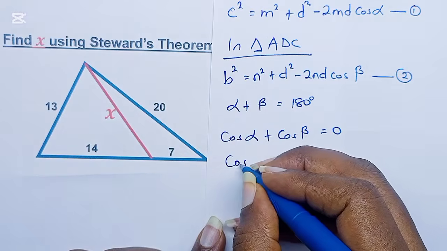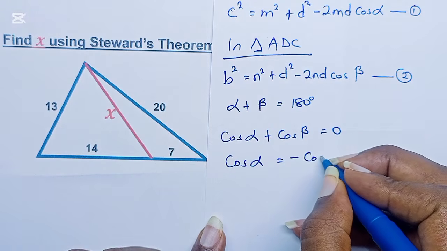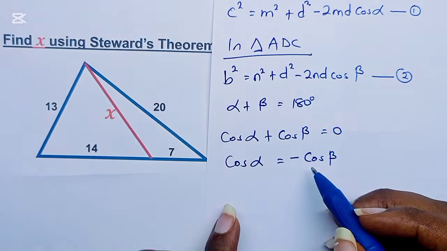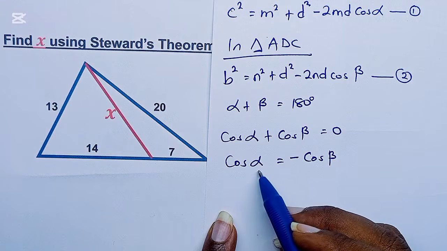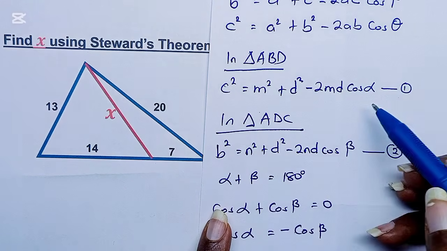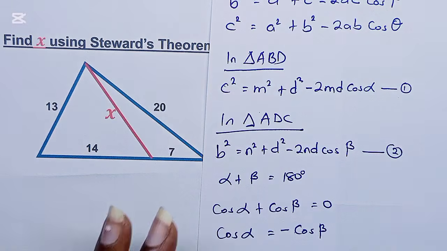And therefore, cos alpha is equal to negative cos beta.